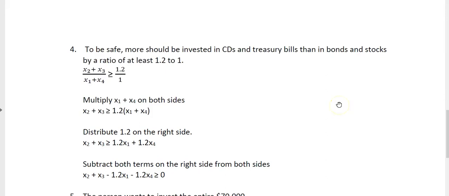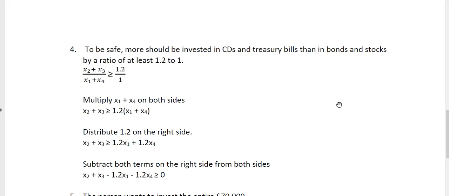Okay. Number 4, to be safe, more should be invested in CDs and treasury bills. CDs and treasury bills are X2 plus X3. Bonds and stocks are X1 plus X4. A ratio means a fraction.